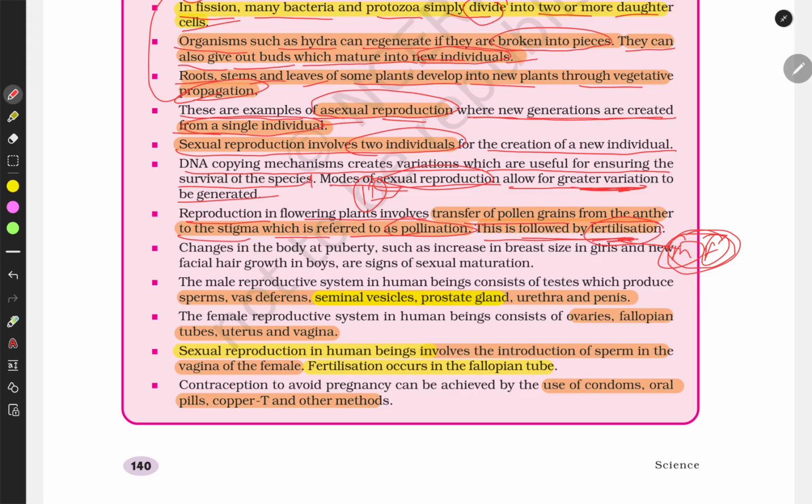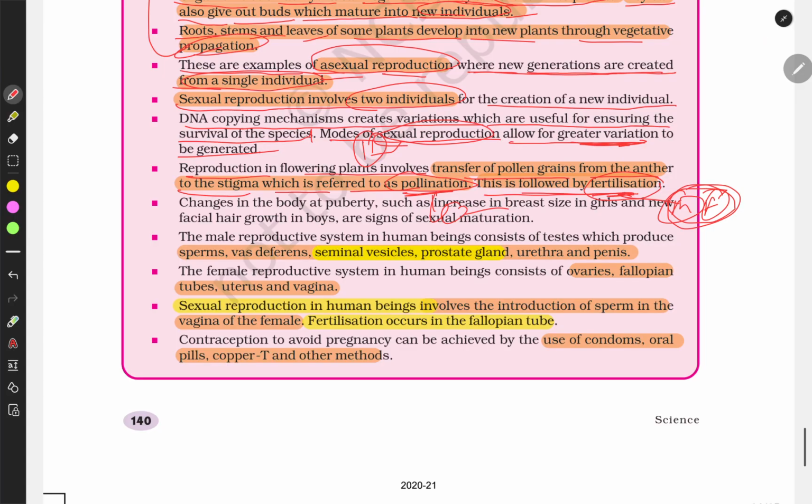Pollination is simply the transfer of pollen grains from stamen to stigma. Stamen is the male part and the stigma is the female part, which is sticky. So this is only transfer of pollen grains.